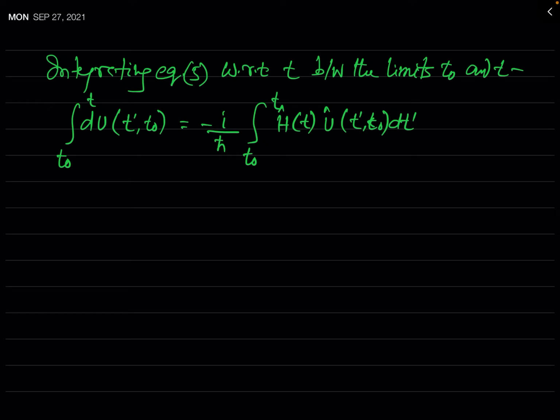You can also write dt. It does not matter, but since t is now one of the limits, we change the symbol of the variable or parameter.